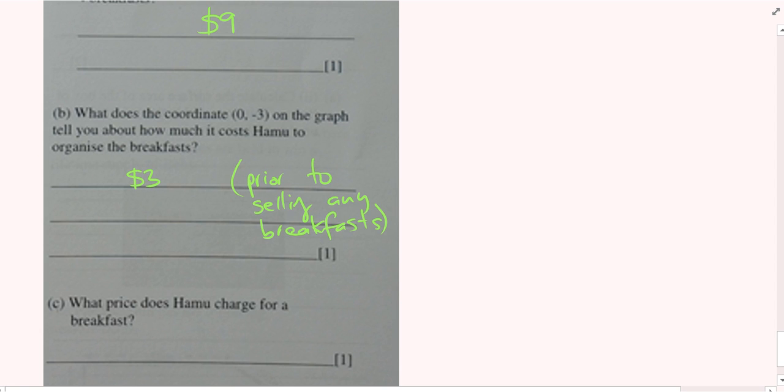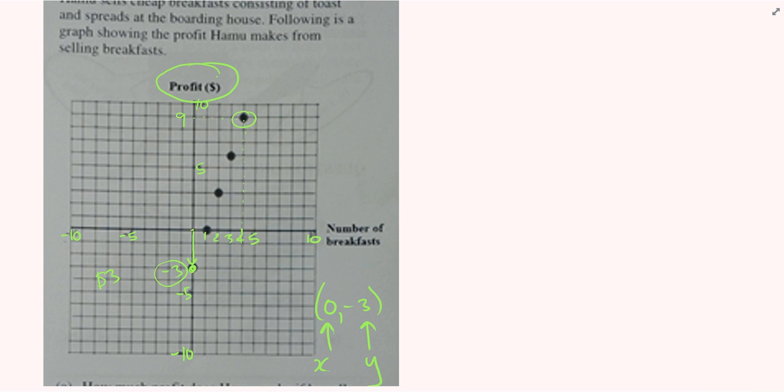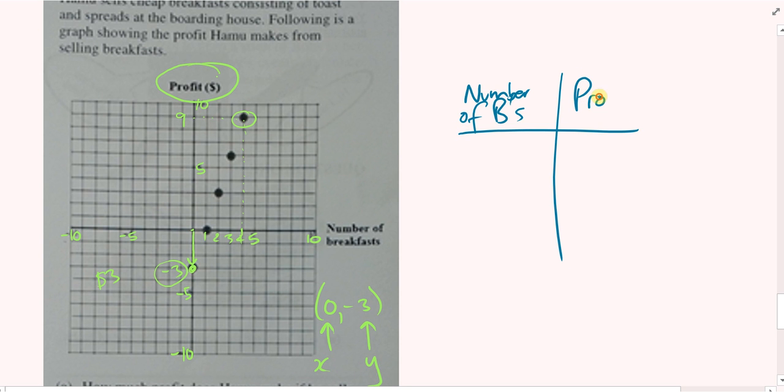So let's have a look at the graph again and just formulate a table. From our graph we have the number of breakfasts versus the profit. So profit.